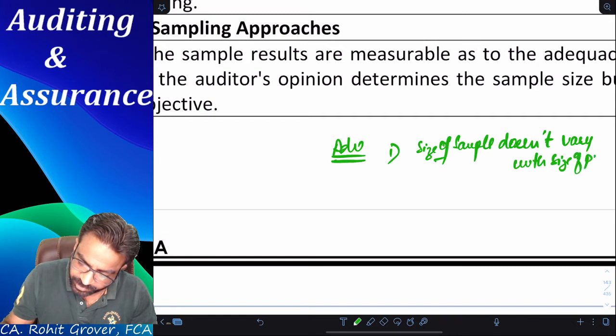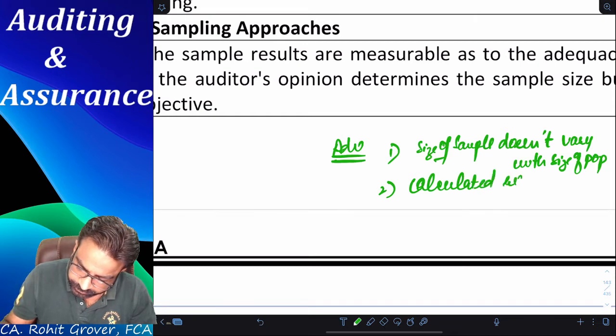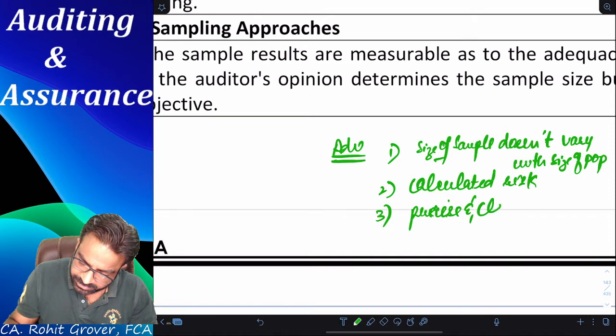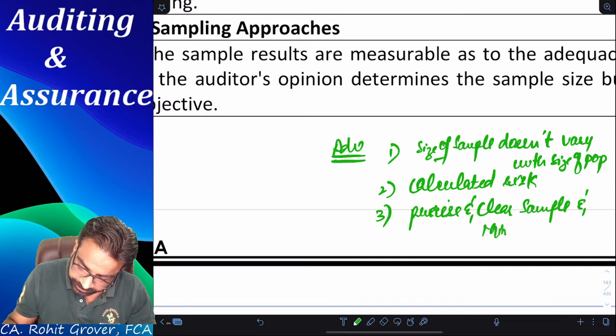Size of population. Second, calculated risk is always there. Third one, everyone, precise and clear method. And which sample is involved? Minimum sample.